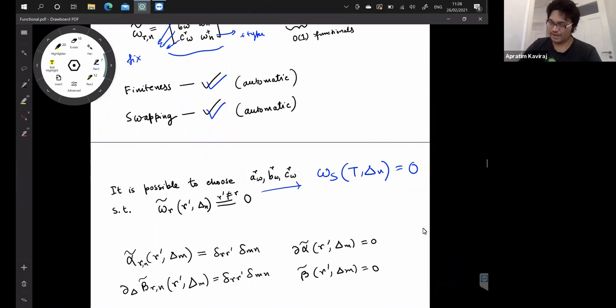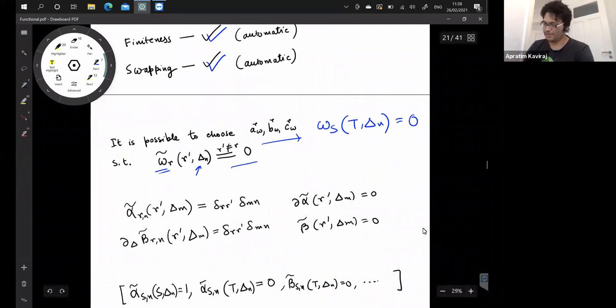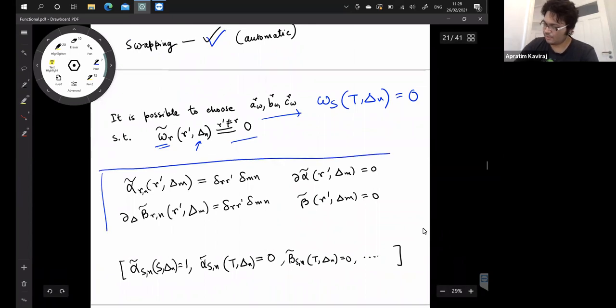Suppose you have a functional labeled R, and it acts on one vector with R prime, which is different from R. If two tensor representations are different, then you get a 0. But this has to be evaluated at the GFF values also. This is a property that you can ask for. So the following orthogonality properties can be derived.